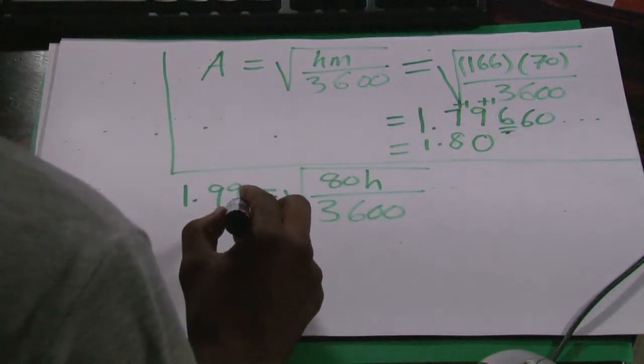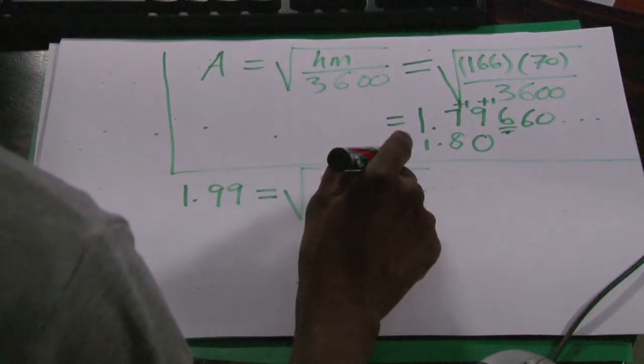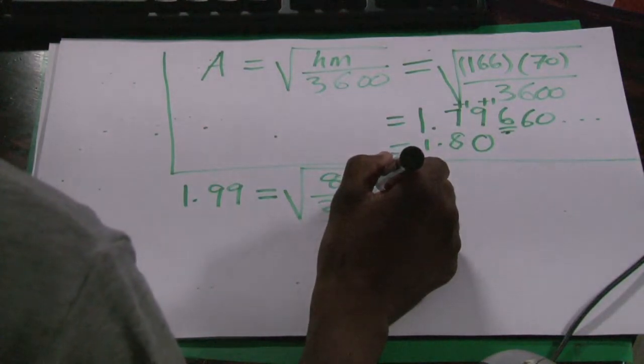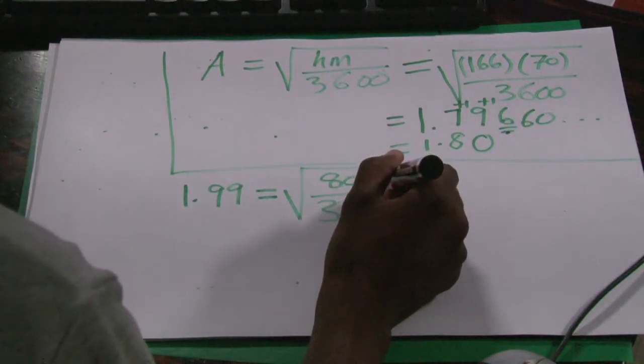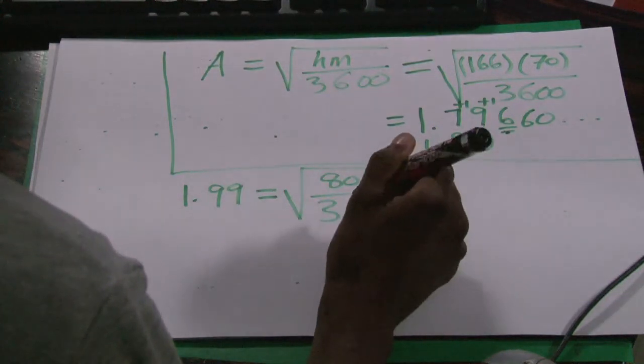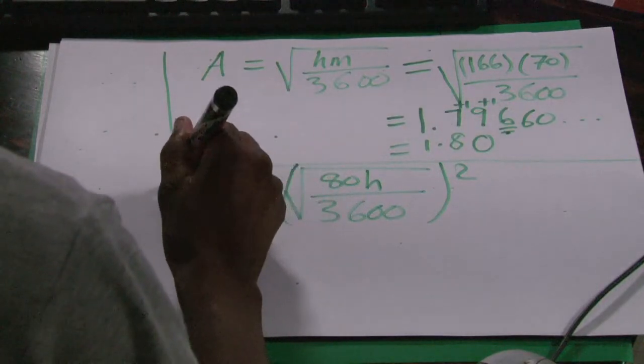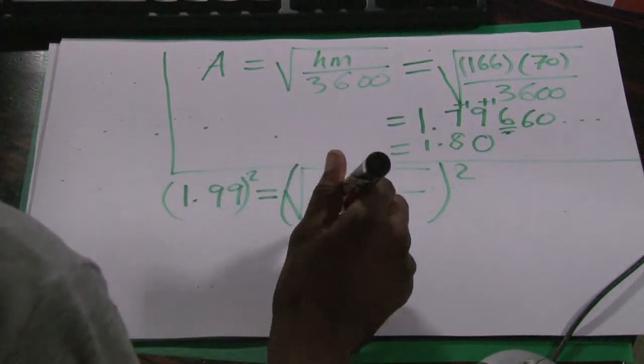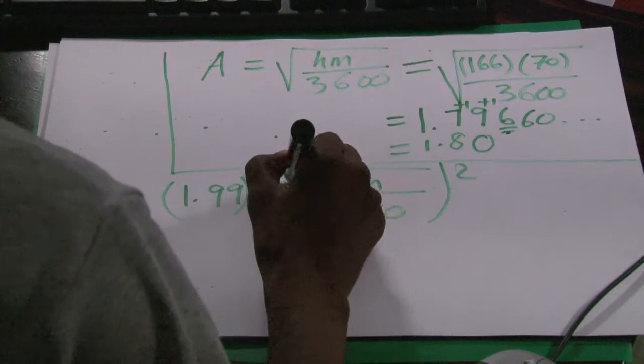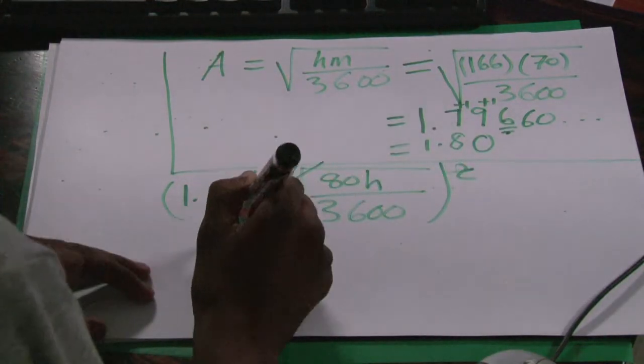Now, the h that we are interested in is under the square root. So we need to get rid of the square root by squaring both sides. So what you do on one side of the equation, you should do it on the other side. That's why it's called an equation.